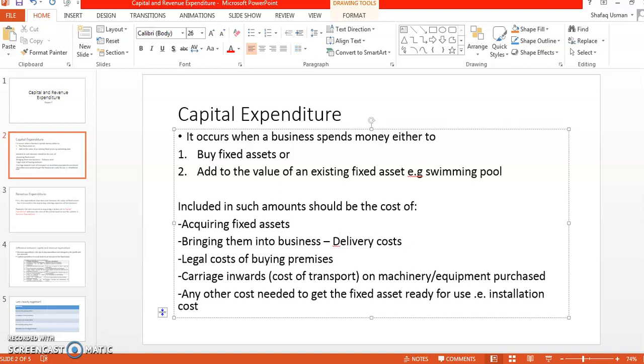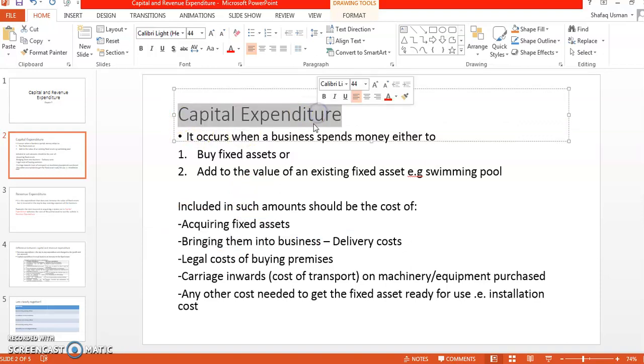That is, adding the 5 dirhams as a delivery cost to the cost of the meal, and then we pay our bill. So it means the cost of the delivery was included in the cost of the burger we ordered. Hence why we say when you acquire fixed assets, you also add to it the cost of bringing them into the business. So both of these are components of your capital expenditure.